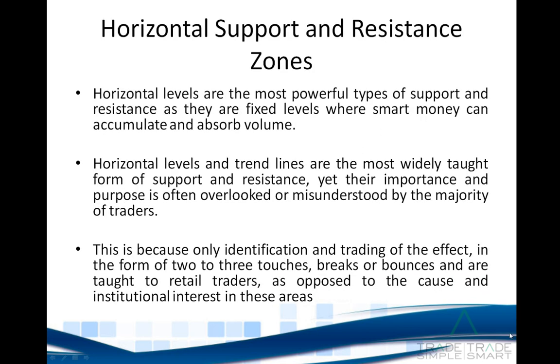Okay, so we're now on to our first manipulation zone, and in my opinion probably the most powerful, and these are horizontal support and resistance zones. Okay, so horizontal levels are the most powerful types of support and resistance, as they are fixed levels where smart money can accumulate and absorb orders.